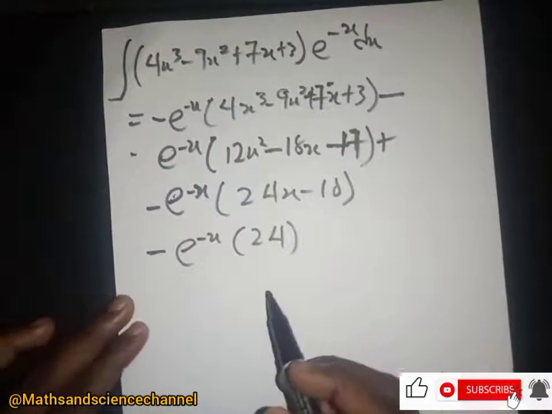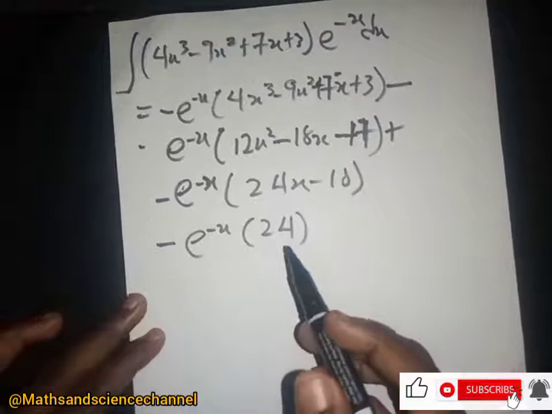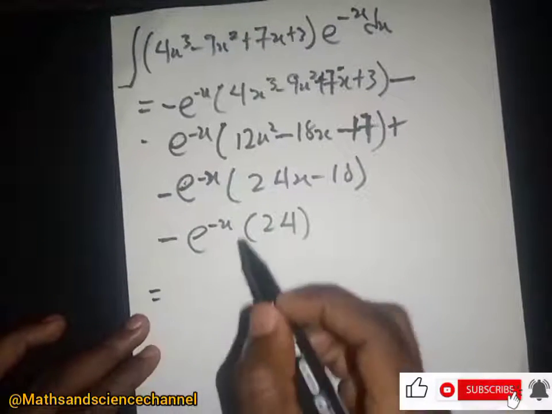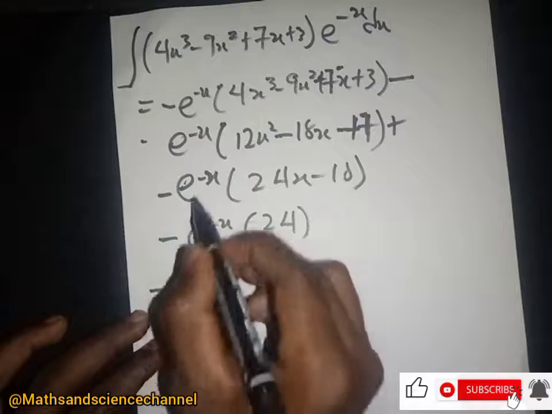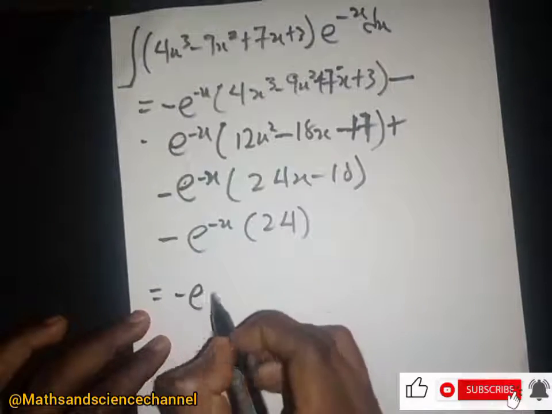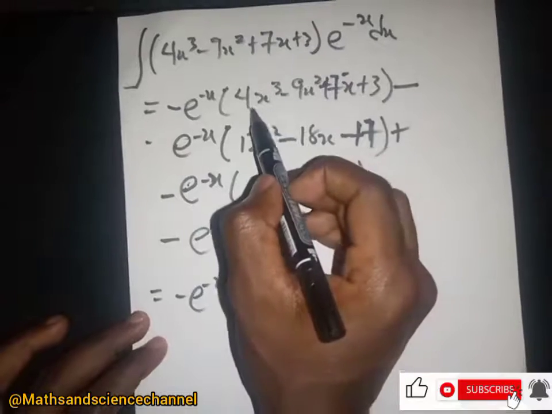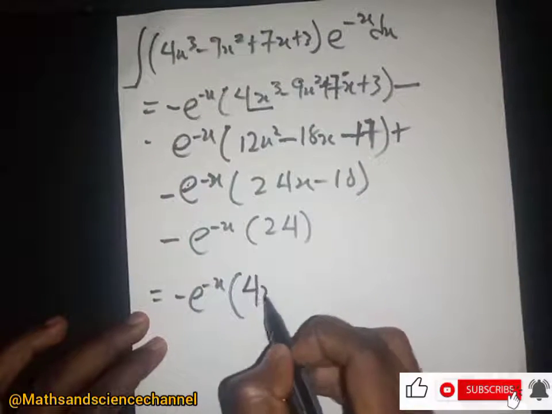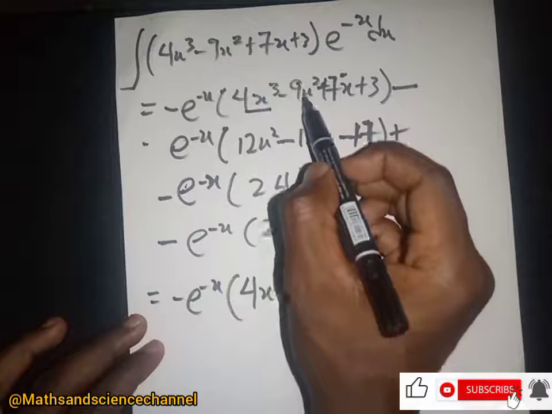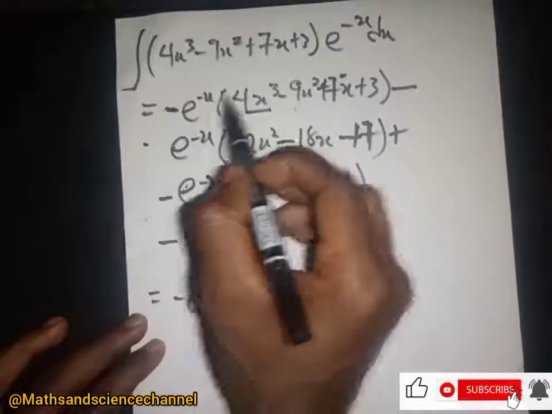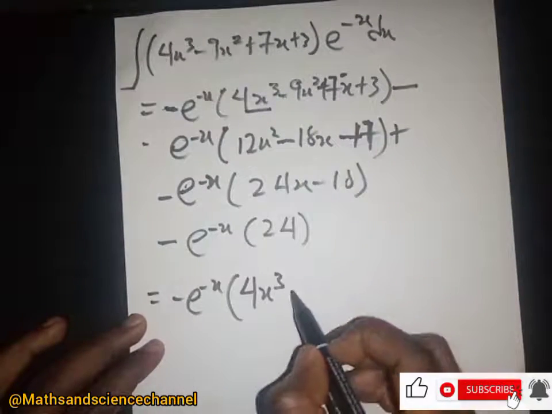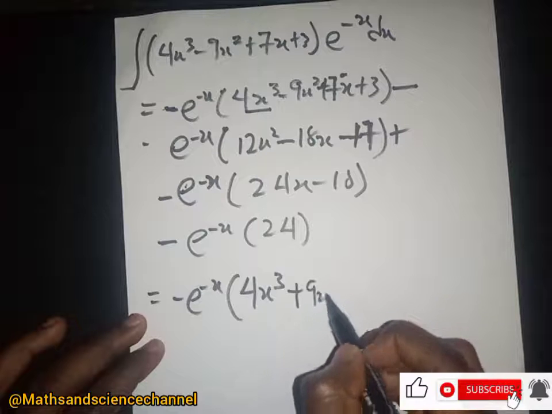Since we have this, what we are going to do next is actually group like terms, right? Grouping like terms, realize that we can bring negative e to the power minus x outside. Now we have 4x cubed here. Now we have negative here, remember, so this becomes positive 9x squared.